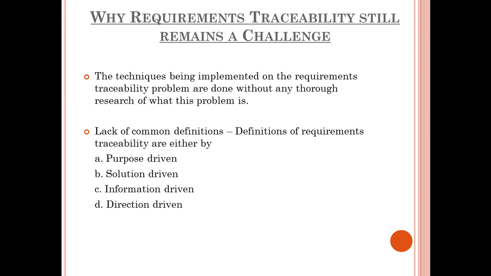Direction driven generally deals with the ability to follow an item at the input of a phase of a software lifecycle to a specific item at the output of that phase. So each and every definition is of its own and they are different. So there isn't any common definition. These are the several challenges that are being faced.